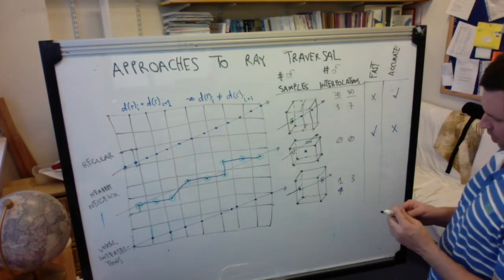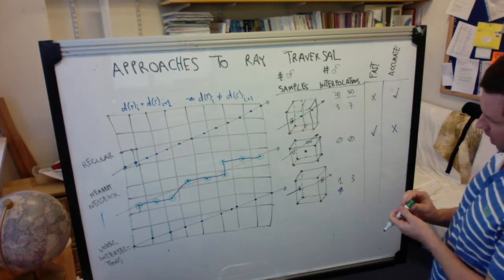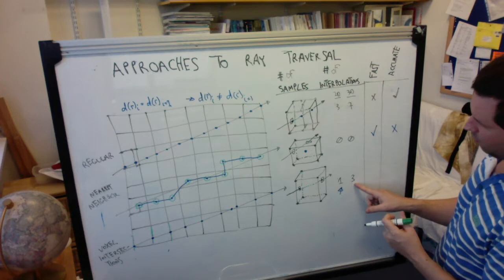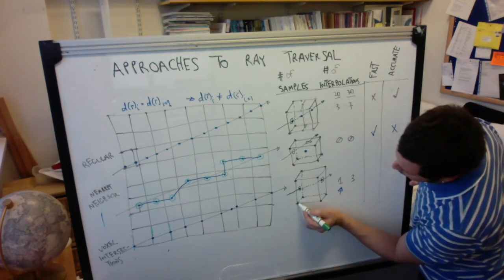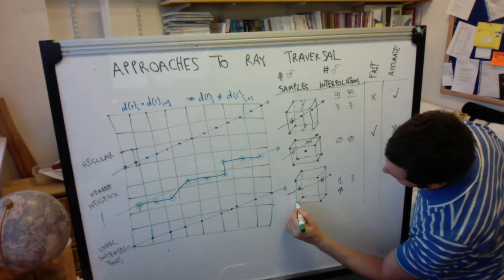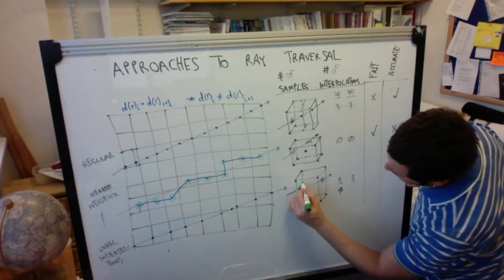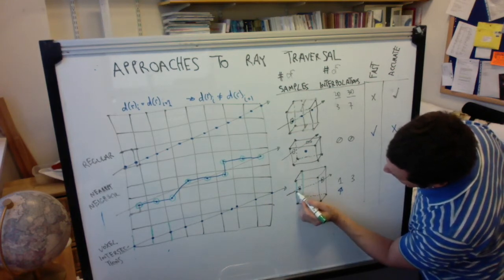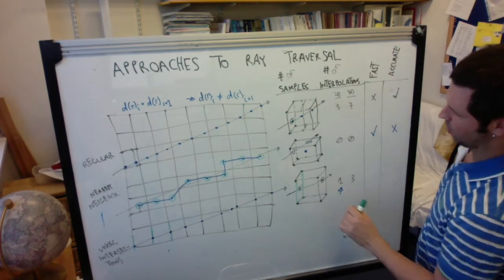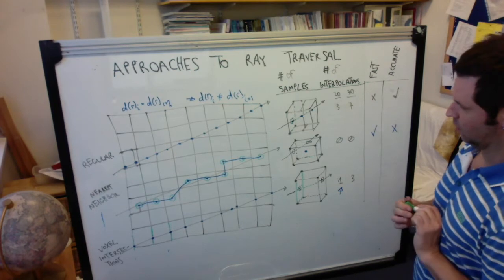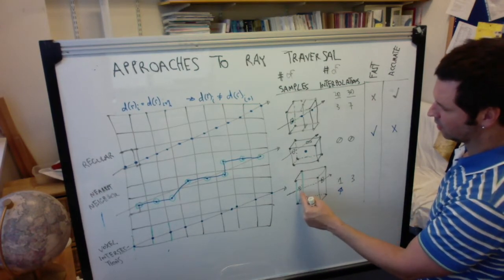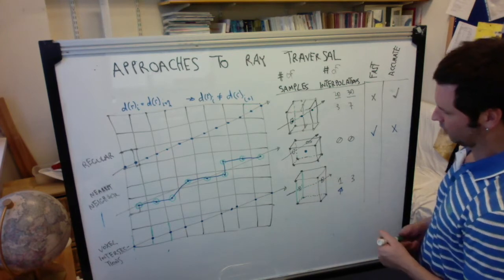This is a schematic of the 3D case, where we need 3 interpolations every time. So we would interpolate, for example, once along Y, again along Y, and then a third time along X. And then we have our 3 interpolations that we need every time the ray intersects the face of a cell.